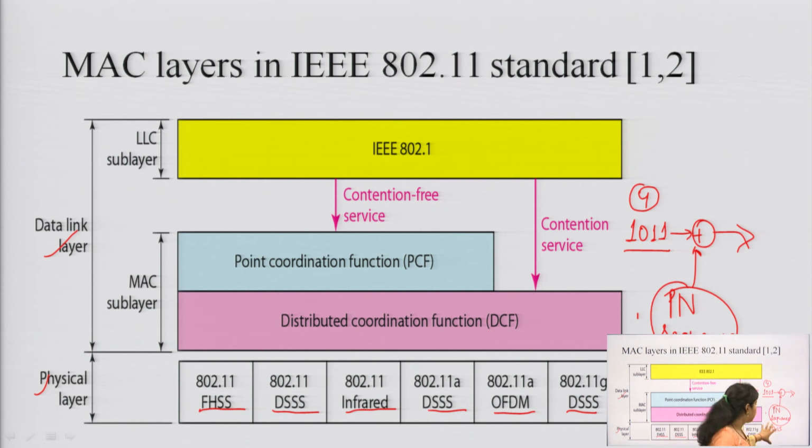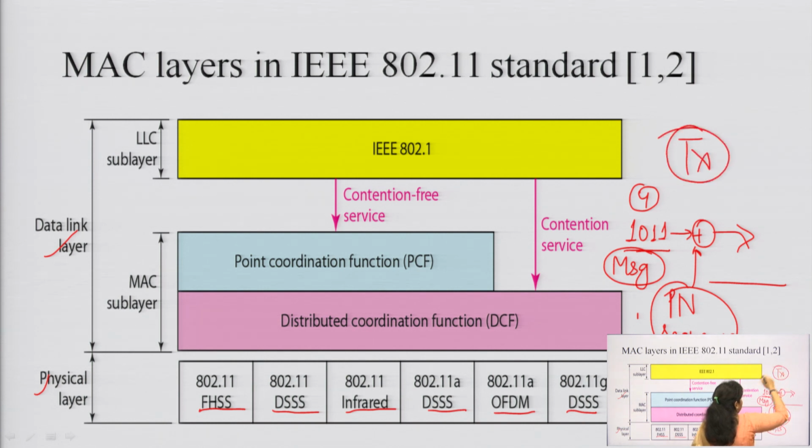So, that is the case of the PN sequence. This is the message bit and this is the PN sequence, which is of higher length as compared to the message bit. Modulo 2 addition will be performed over here and coded information will be transmitted from the transmitter side. So, this operation is performed at the transmitter side.